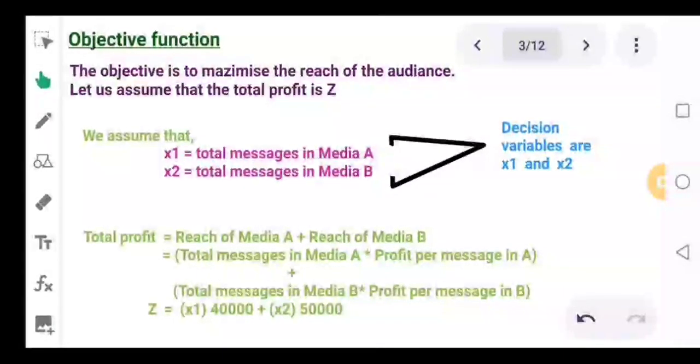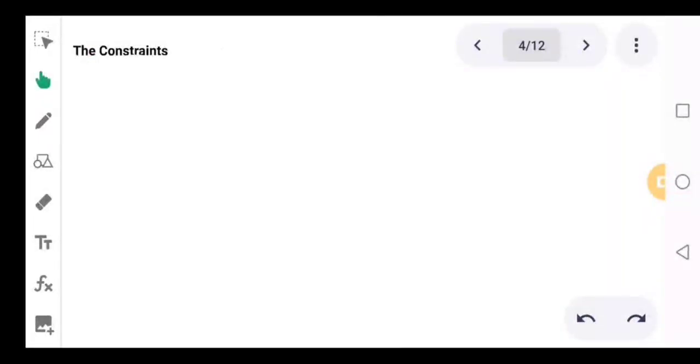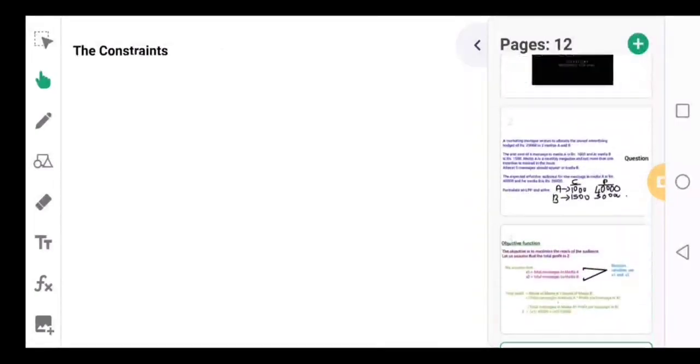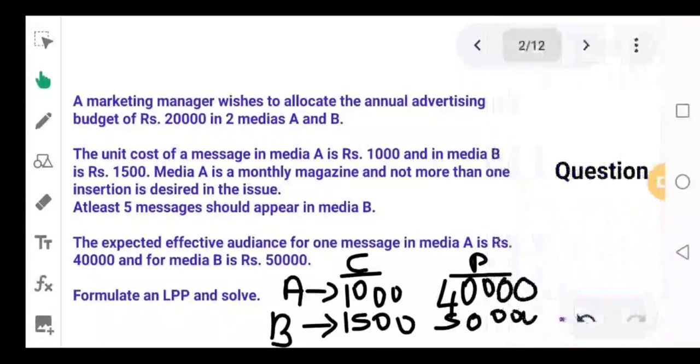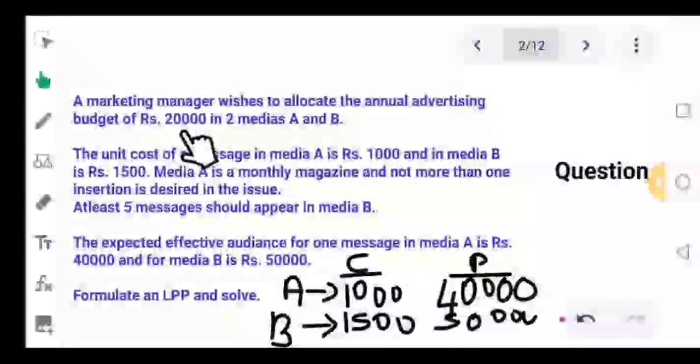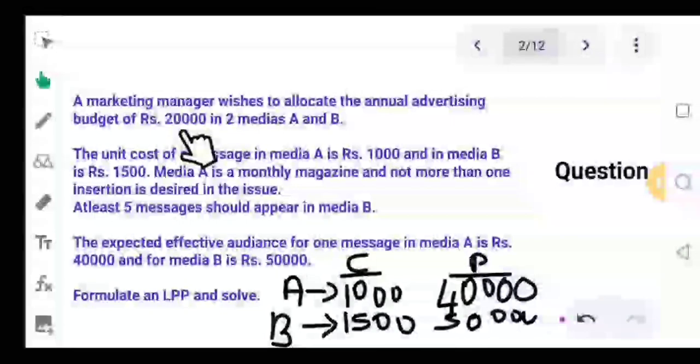Now let's go to the constraints. The first constraint is with regard to the budget. They said that the budget is 20,000. So you can spend 20,000 or less than 20,000. It should not be greater than 20,000.